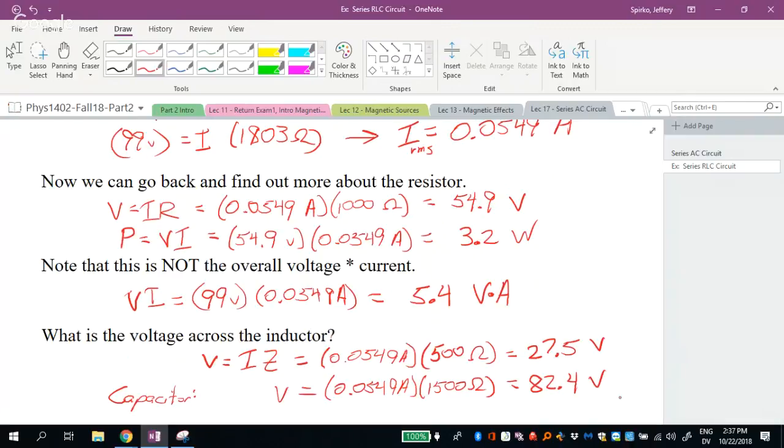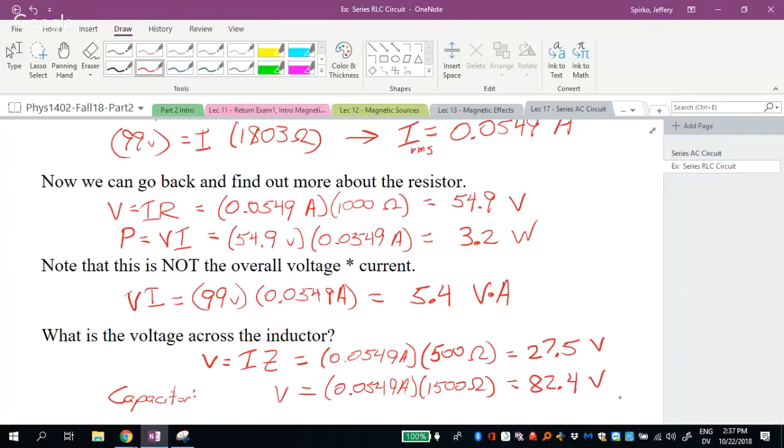Now look at those three voltages. They do not add up to the overall EMF of the circuit, because the capacitor is already up at 80. If you just added the 20 more from the inductor, you'd already be past 99 volts. And then there's still 55 volts across the resistor.